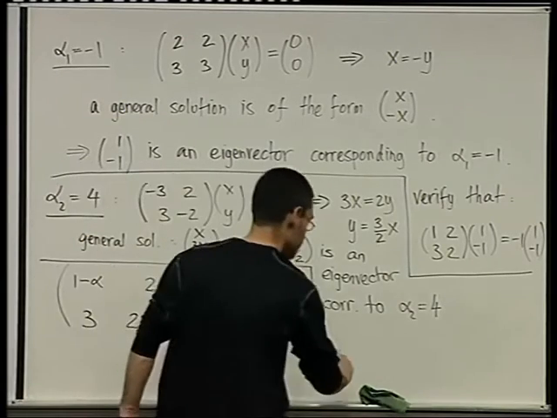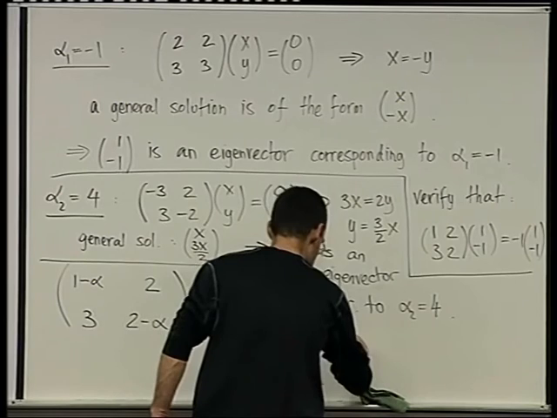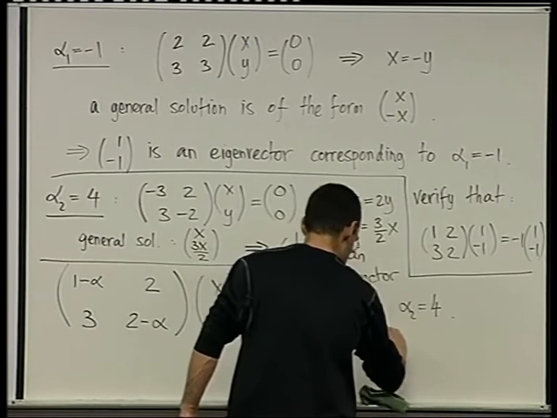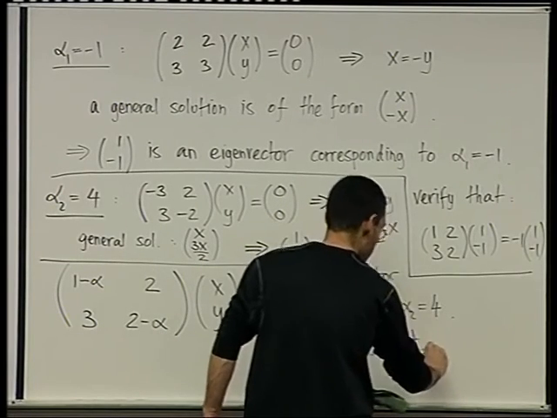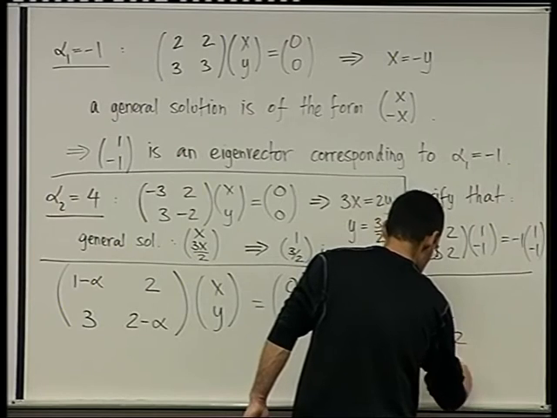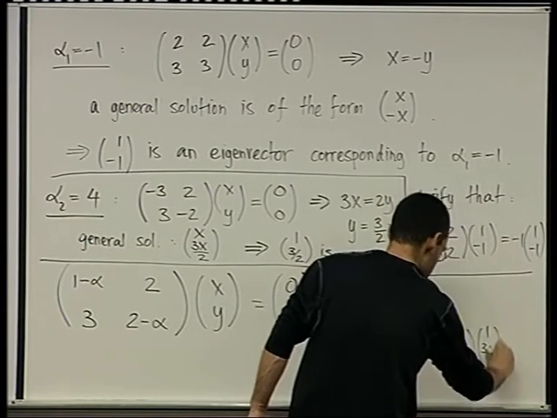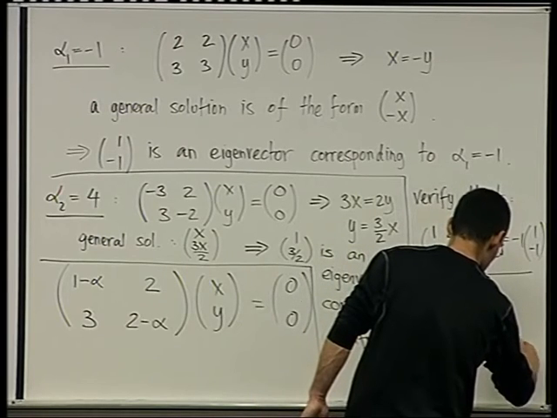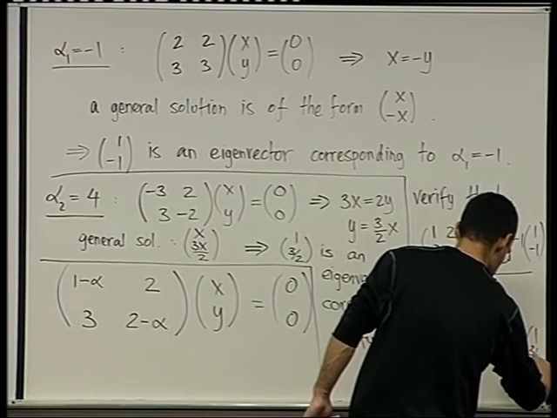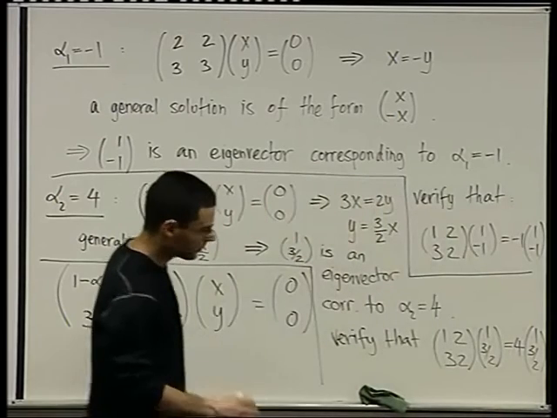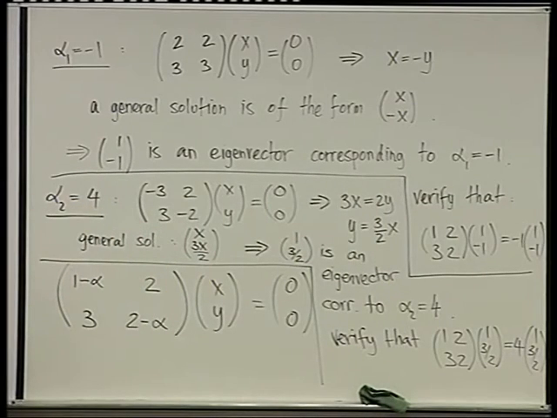Verify that (1, 2; 3, 2) times 1 and 3/2 equals 4 times 1 and 3/2. Good?